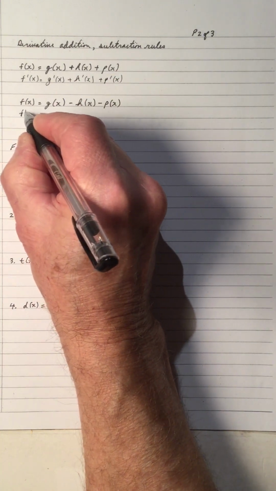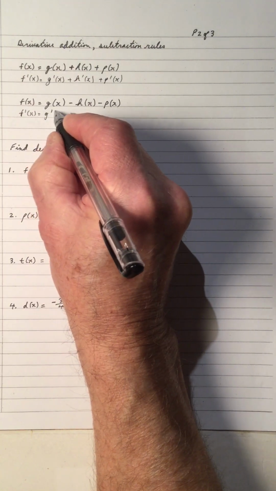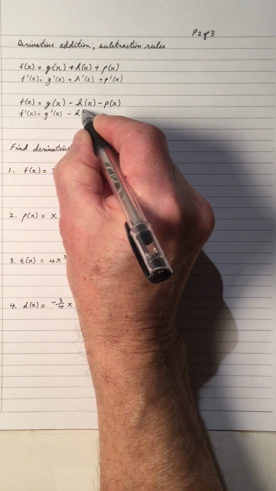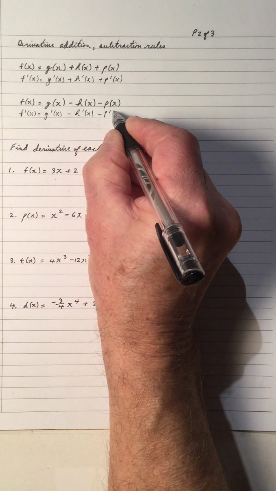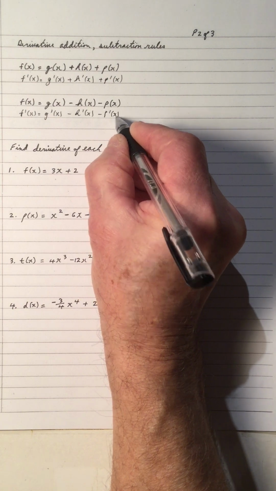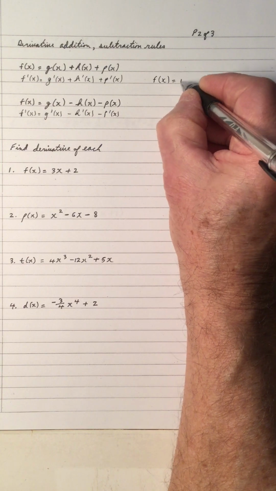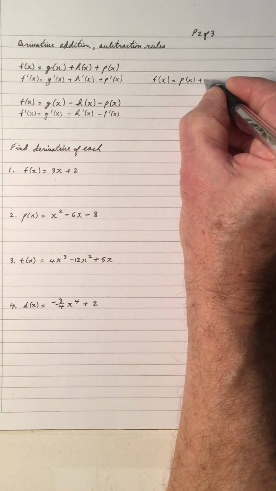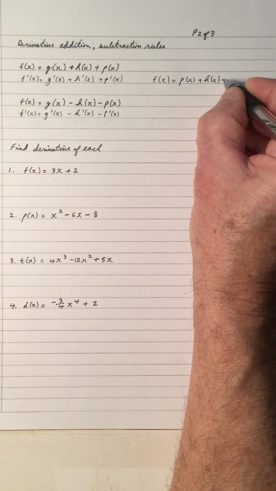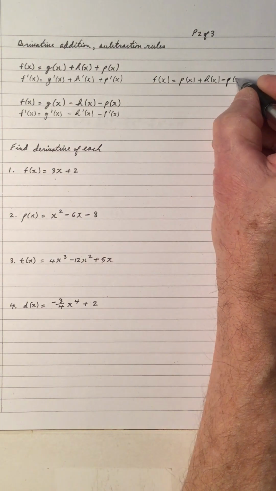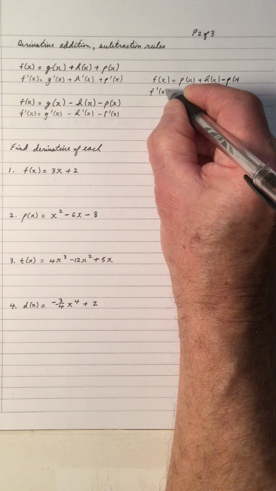So if you have a derivative of subtractions, it's just the derivative of each one. I'm trying to illustrate that here. And you could have f of x is p of x plus h of x minus q of x, but it makes no difference if you have a combination.